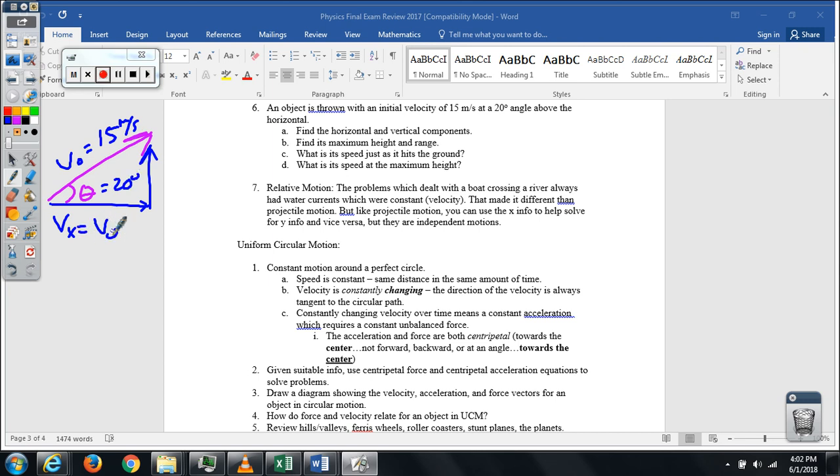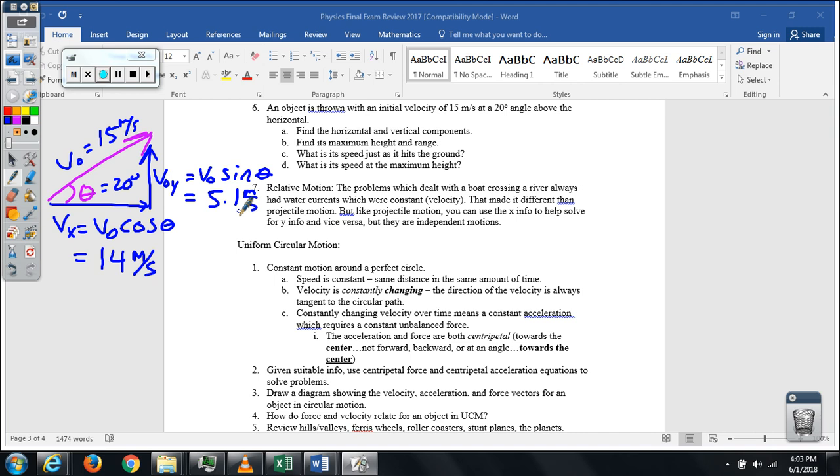Vx is V0 cosine theta. V0y is V0 sine theta. Alright. So make sure your calculator is set on degrees. If I do 15 times cosine of 20, I get 14.1. I'm just going to write 14 meters per second. And if I do 15 sine of 20, I'm going to get 5.1 meters per second.